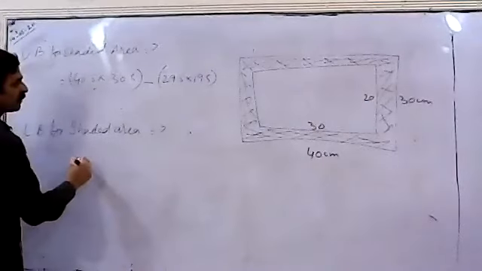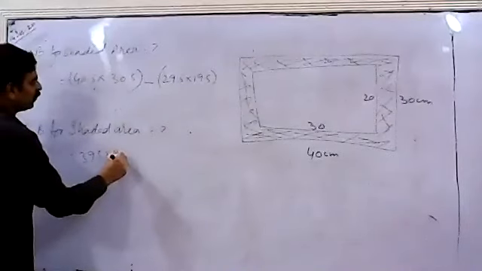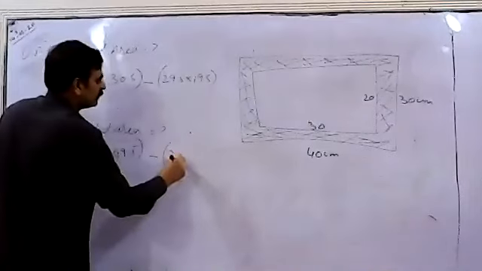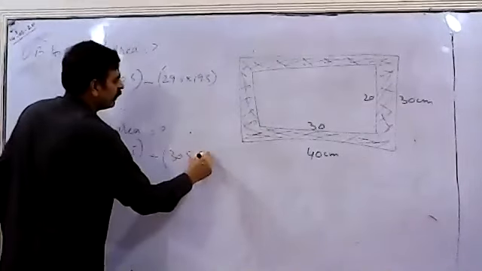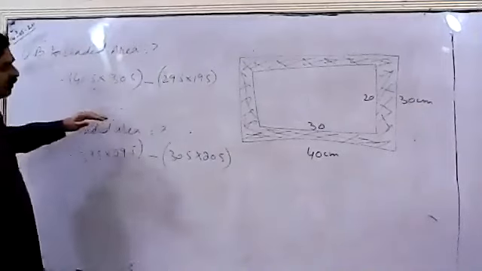It becomes 39.5 multiplied by 29.5 minus 30.5 multiplied by 20.5. We will find its lower bound. Keep it in mind, we will go opposite, upper bound and lower bound.